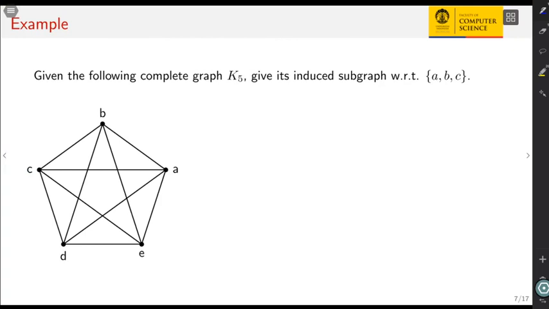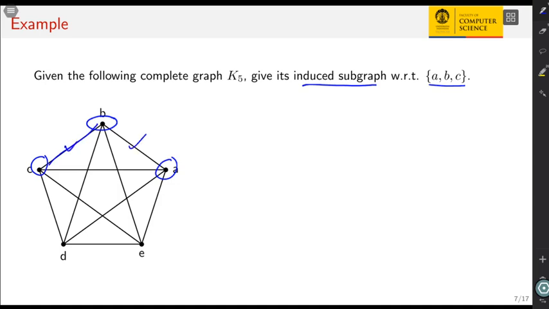So you have this graph consisting of 5 nodes, and it's actually a complete graph K5, right? So let's find an induced subgraph with respect to the set A, B, and C. So essentially what we want to do is we take these 3 nodes, because we want to induce a subgraph with respect to this set, and then just take this part of the graph and the edges that connect this.